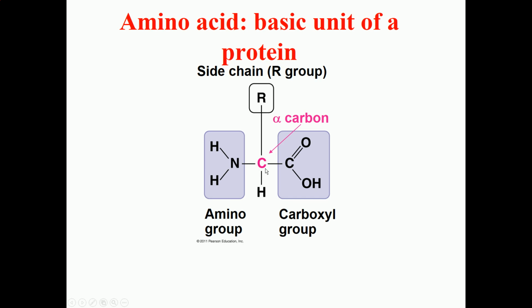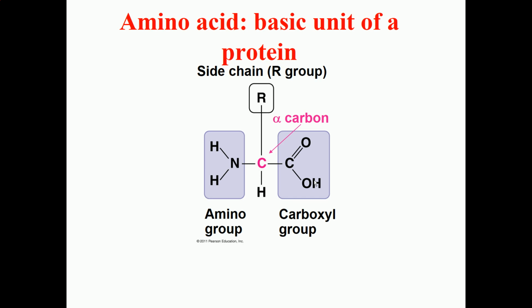You can see here a group called the COOH group, and the second group is the NH2 group. This is called the amino group. The third group is the R group, or the side chain, and the fourth is the hydrogen atom. So this is the structure of a basic amino acid.